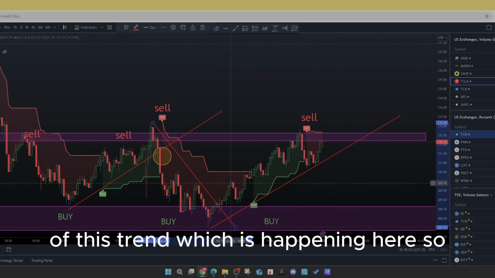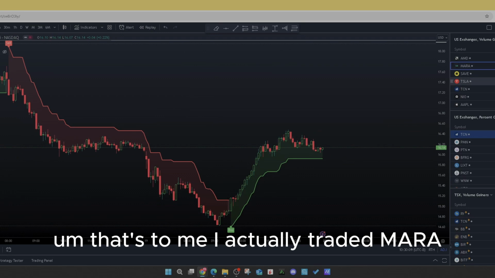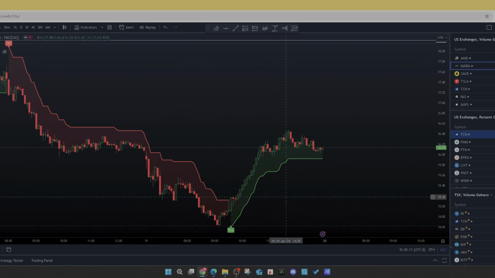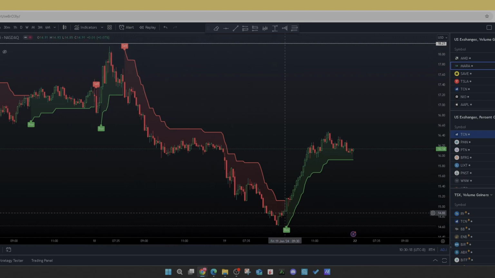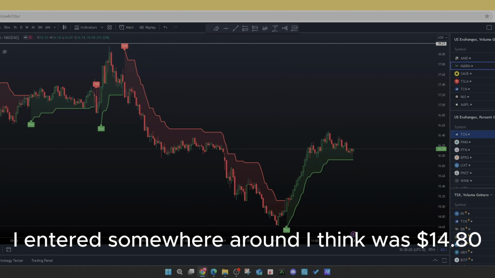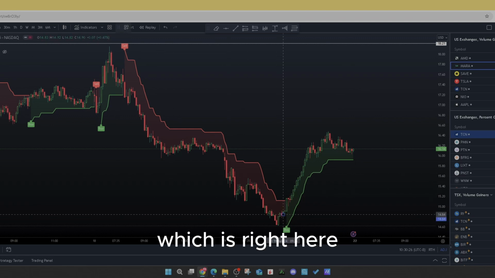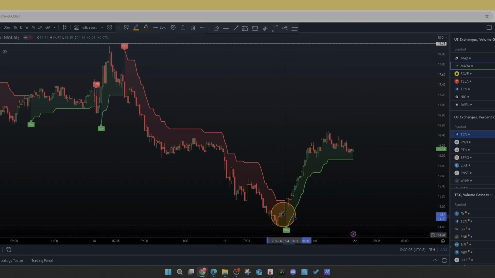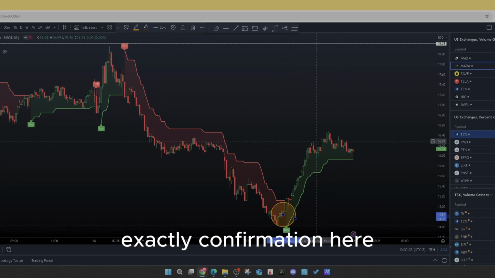So that's, to me, I actually traded Mara by this. Simply, I had nothing else, but I entered somewhere around, I think it was 14.80, which is right here, which would have given me the reprint, exactly the confirmation here.